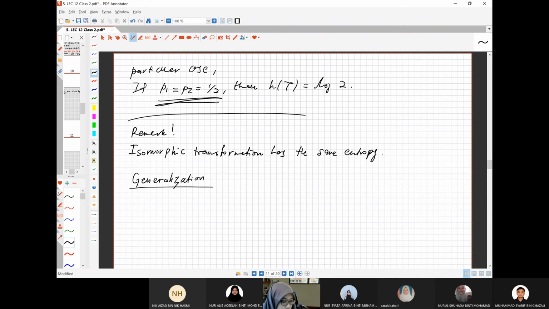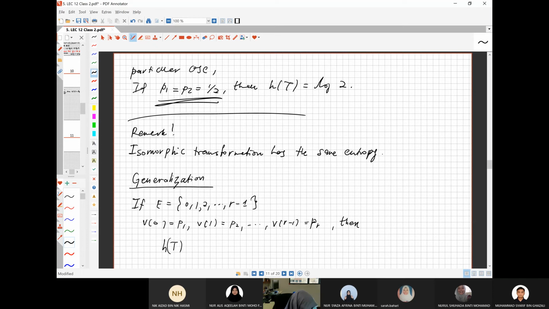If E runs from 0, 1, 2 until R minus 1, and you have the measure of each of these elements, V0 until V R minus 1 equals to P1 until PR, then you have the entropy of the transformation T must be equal to the minus of sum i from 1 until R, Pi log Pi.